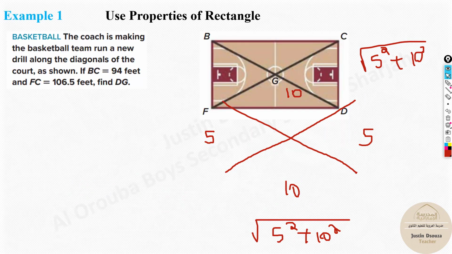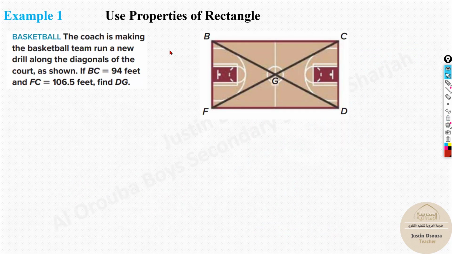Now here we have to use properties of rectangles. The coach is making the basketball team run a new drill along the diagonal of the court as shown. Now here you can see these are the diagonals, right? The coach is making the students run along the diagonals like this. Now they have shown that BC is 94 feet.